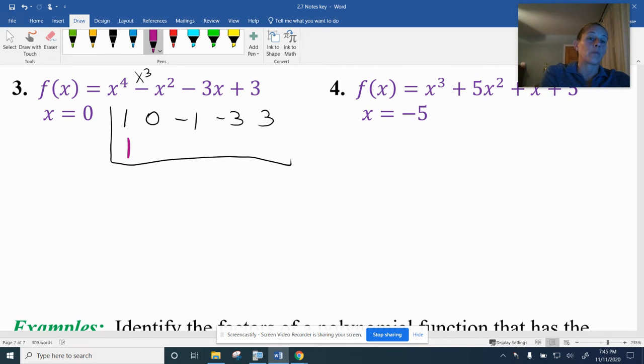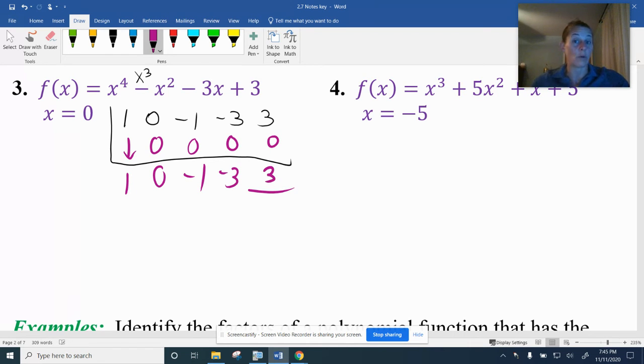Now we're dropping down the 1 and multiplying it by 0, adding up that column. 0 times 0 is 0, adding up that column, and 0. Now again, this time we do not get a remainder of 0. I ended up with a 3 as my last digit here, so this is a no. X equals 0 is not a solution or a 0 of that polynomial.